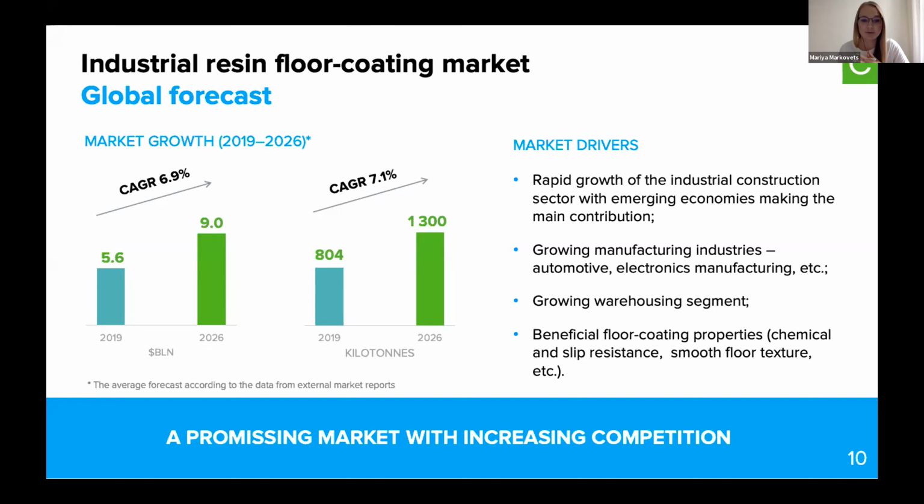So in general, the market is a very promising one. However, the competition on the market is increasing, and the companies are trying to do their best to offer the best product with innovative properties. And so this type of competition actually takes place on the market.